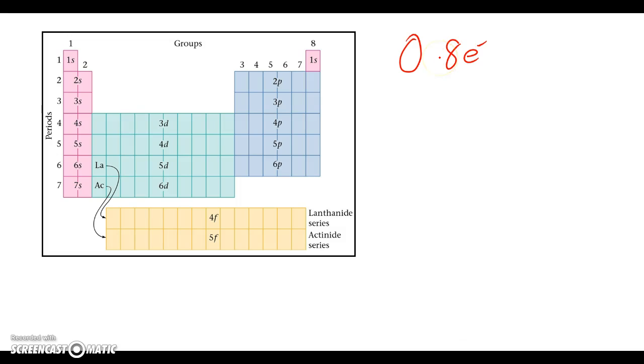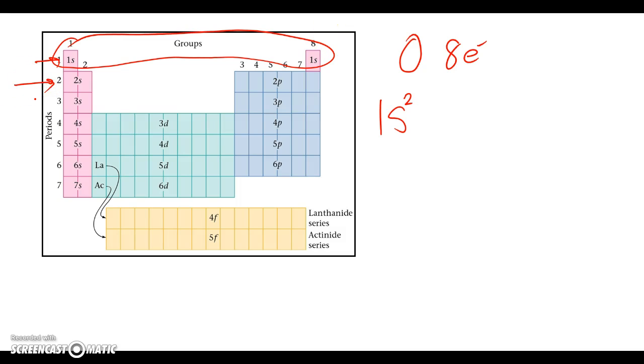So if I have 8 electrons for oxygen, let's try to figure out where they will be. We start here. The first 2 electrons will be in the 1s orbital. And guess what? Now 1s, the first principal energy level, is full. So we come back to 2 now.